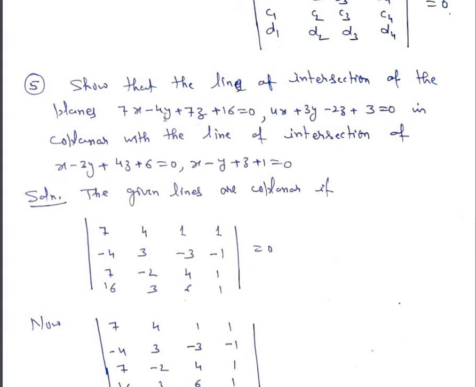So a1 is 7, b1 is minus 4 and so on. So the given lines are coplanar if the determinant of, in the column you can write 7 minus 4 7 16, 4 3 minus 2 3, 1 minus 3 4 6 and 1 minus 1 1 1 is equal to 0. If this determinant is 0, then these two lines are coplanar.